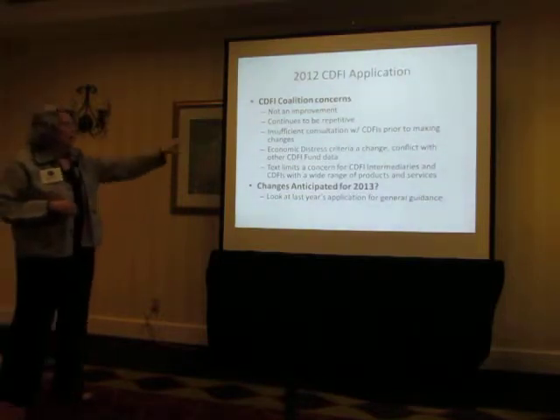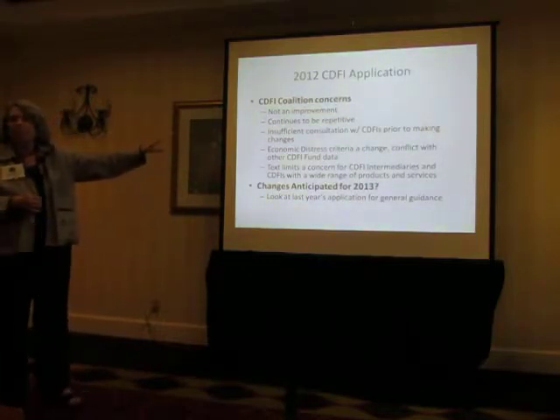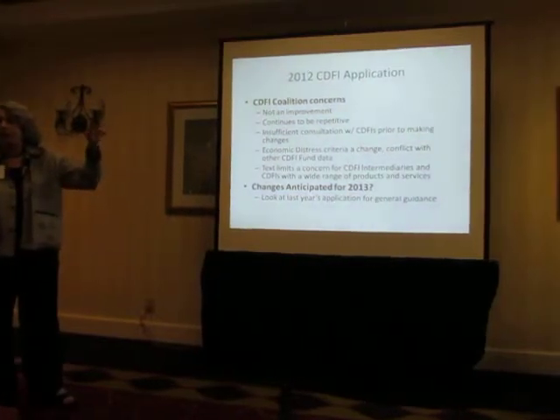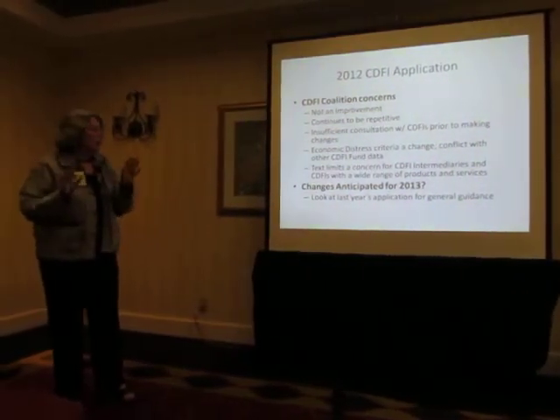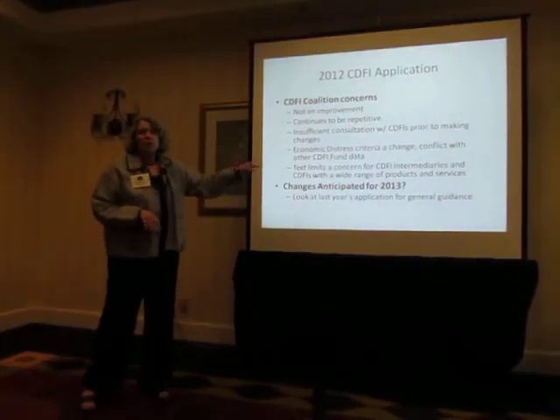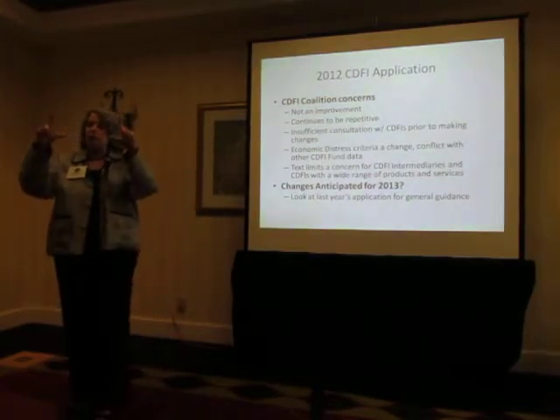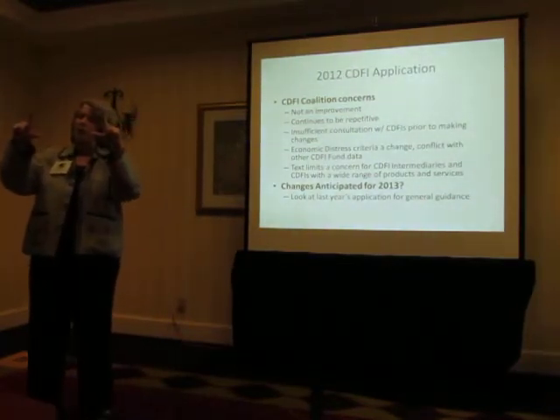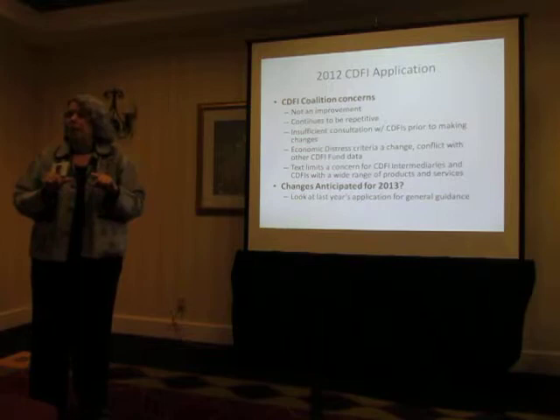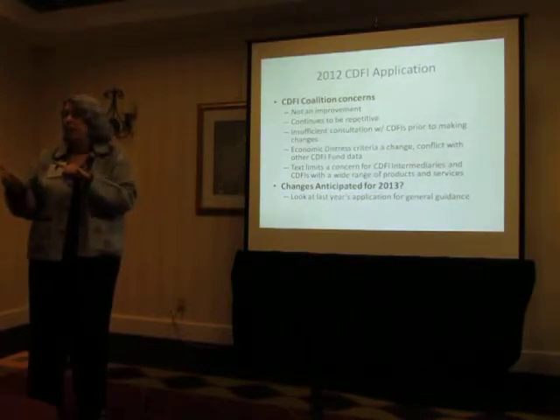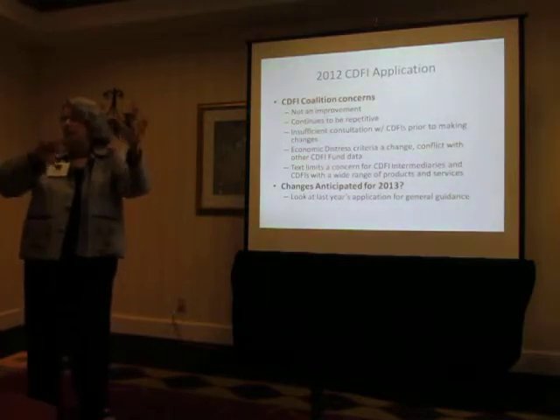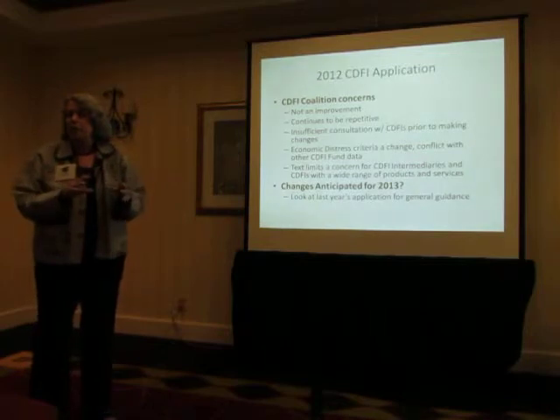Okay. And what happened was that you actually could get additional points in the scoring based on your measure of economic distress. So there's a strategy issue about that I'll get back to in a few minutes. There are also text limits. Each section of the PDF you would cut and paste into the section, and each section had a character limit, which is an improvement over page limits, where you might use a different font and it came through differently in terms of pages.